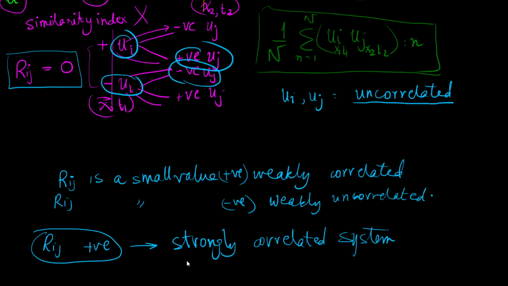And lastly, when a positive value of ui is correlated with a negative value of uj, and a negative value of ui is correlated with a positive value of uj, then Rij will be strongly negative, and this kind of system is called an anti-correlated system.